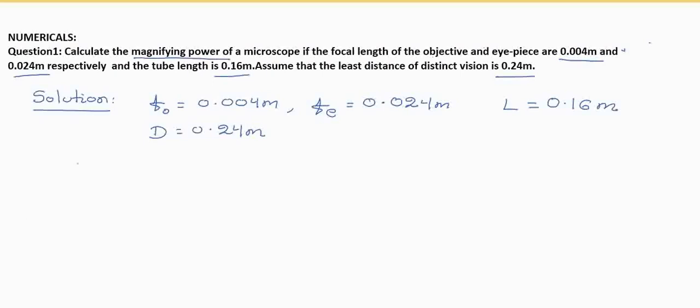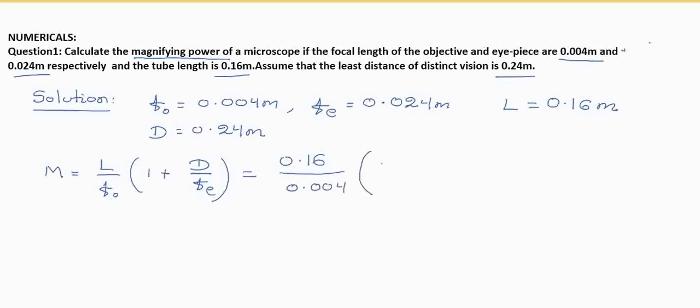We have to find the magnifying power. We know the formula of the magnifying power, M is equal to L divided by FO into 1 plus D divided by FE, which is 0.16 divided by 0.004 into 1 plus 0.24 divided by 0.024.